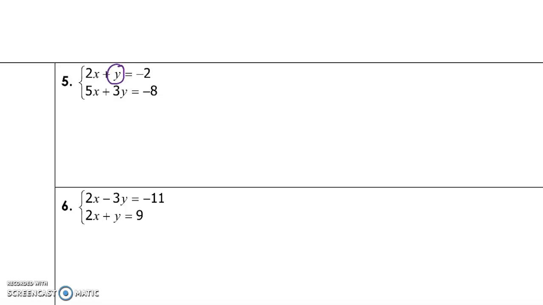We just need to move the 2x over to that side, and we do that by subtracting. So that equation becomes y equals -2 minus 2x. You could have written it as -2x minus 2. It doesn't matter. You just need to make sure that you have a -2 and a -2x.